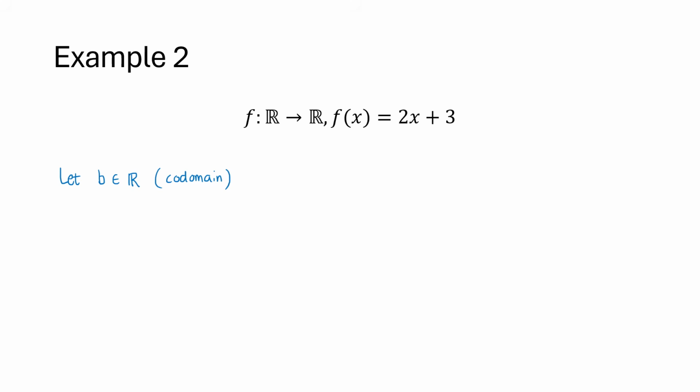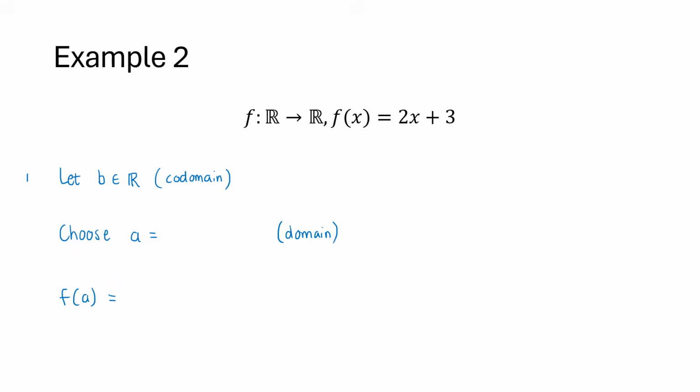What we are going to try and show is that there exists an A in the domain that gets mapped to B. So we can here choose A to be some expression, some element, specifically from the domain. And we have to show it's in the domain. And then we are going to show that f of A eventually is equal to B. So these are the three parts of our proofs.